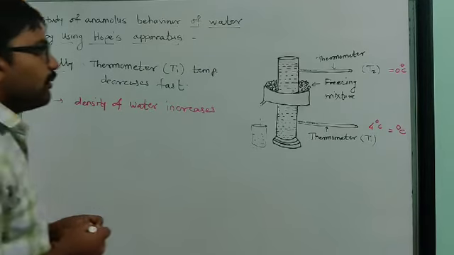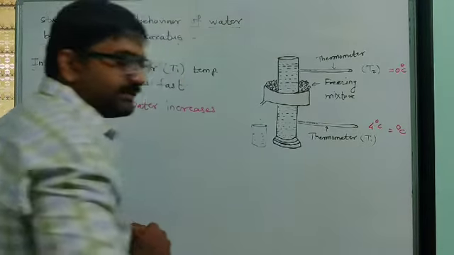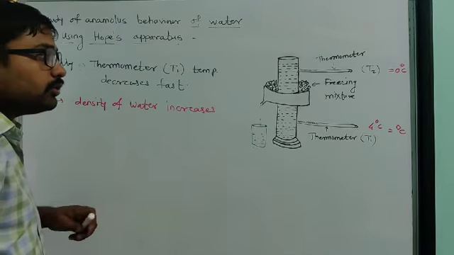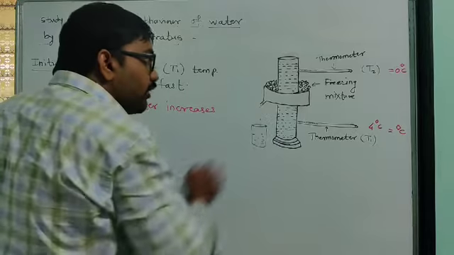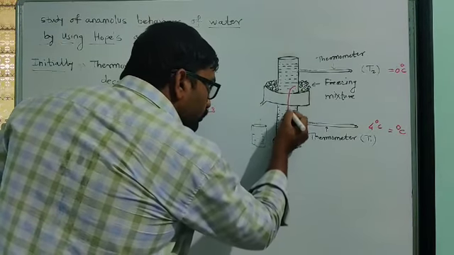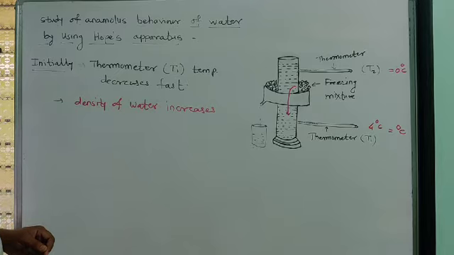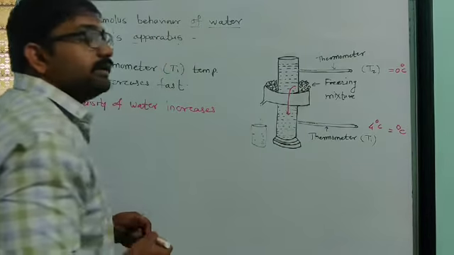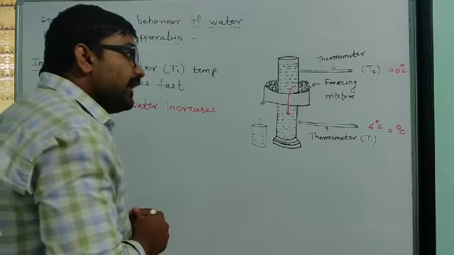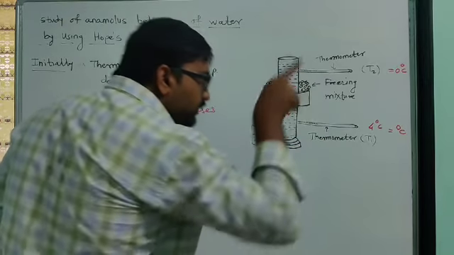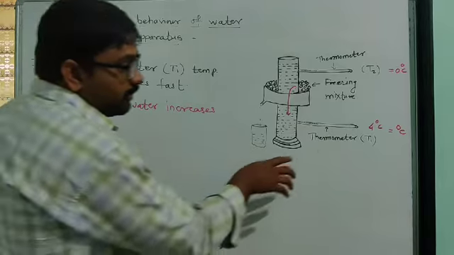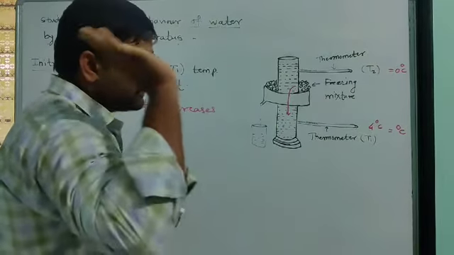The density of the water in contact with the freezing mixture increases, and due to this increase in density, the water will move to the downward side. That is why initially this thermometer's temperature decreases fast.